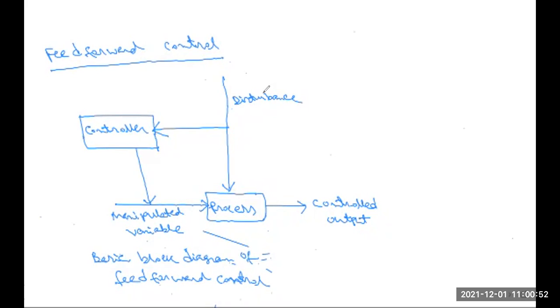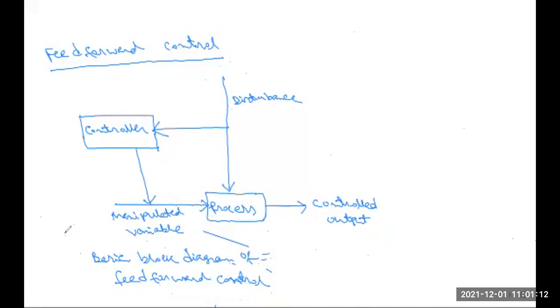In the feedback control system, the measured variable is the control variable of the feedback loop. Feed forward control is basically an open loop control system, and feedback control is a closed loop control system.